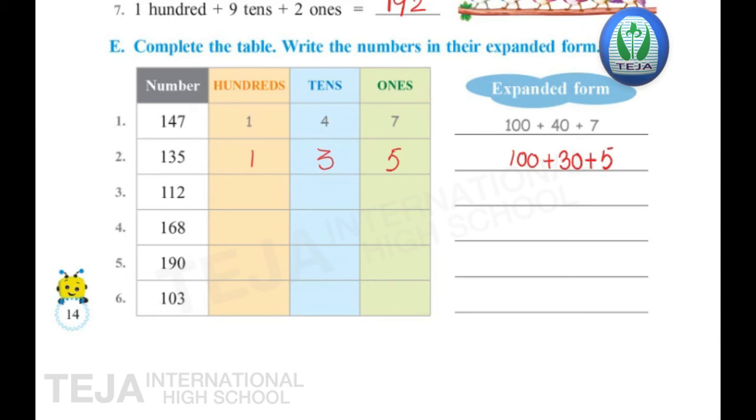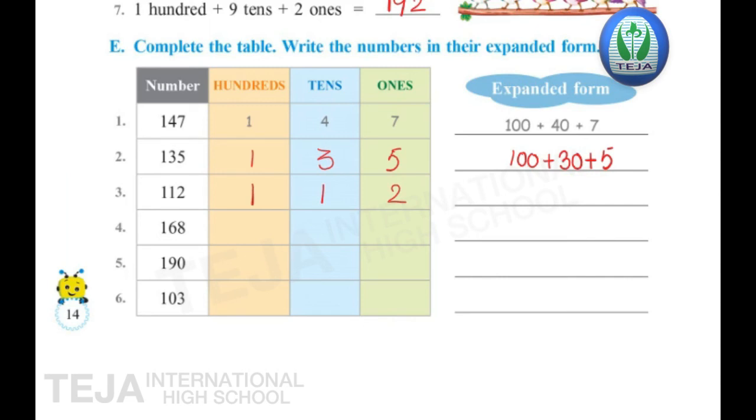Okay, children. Now third one. Here the number is 112. 2 is in ones place, 1 is in tens place and this first one is in hundreds place. Now we'll erase the number in here in the place value chart. 2 in ones place, 1 in tens place and 1 in hundreds place.